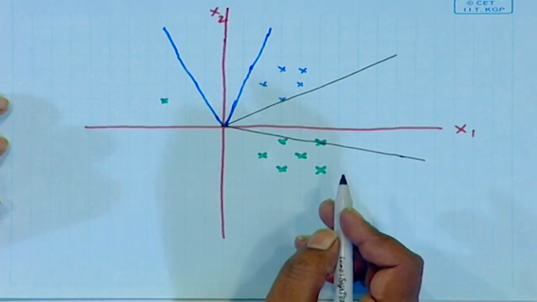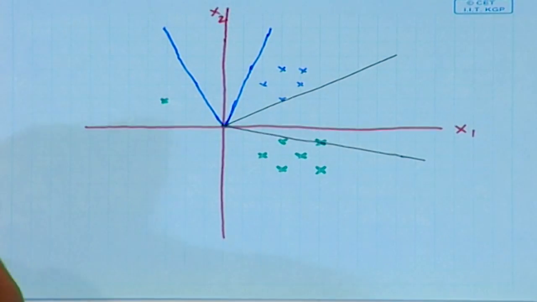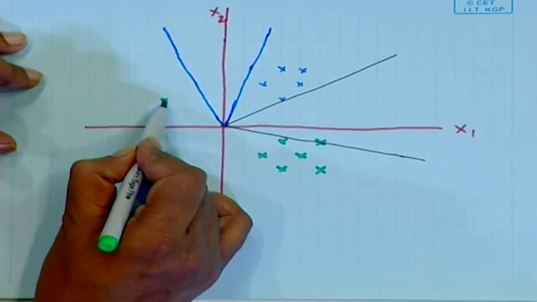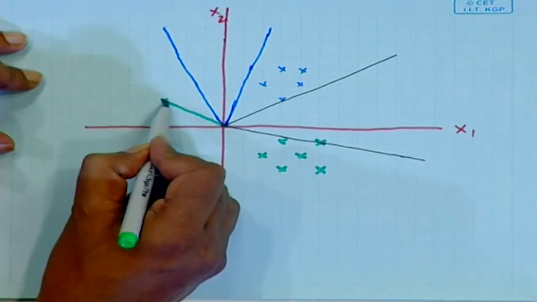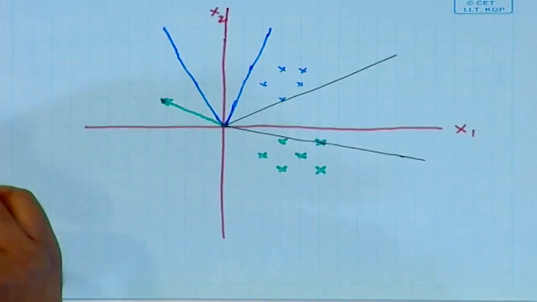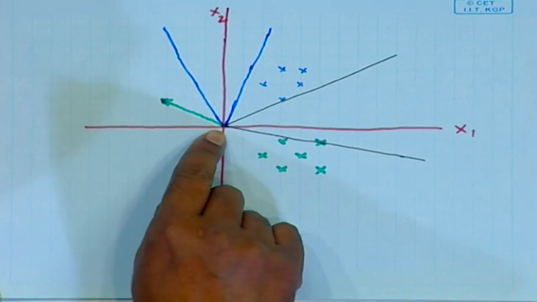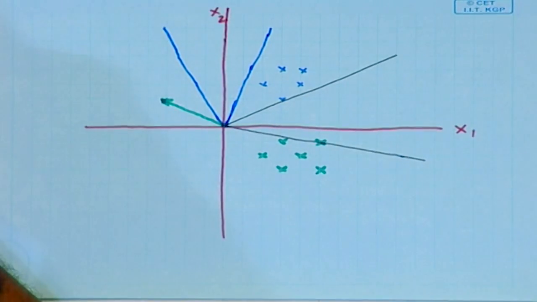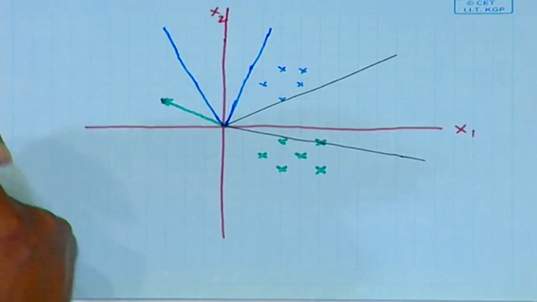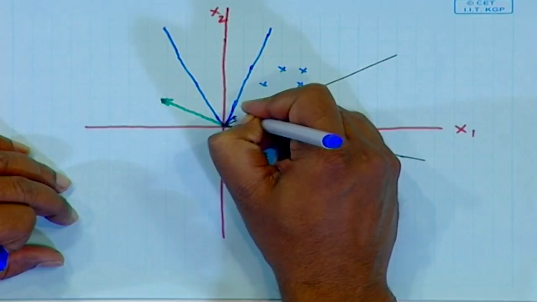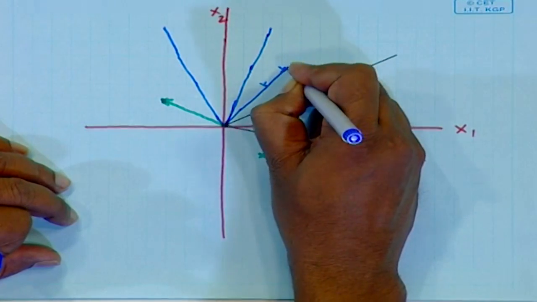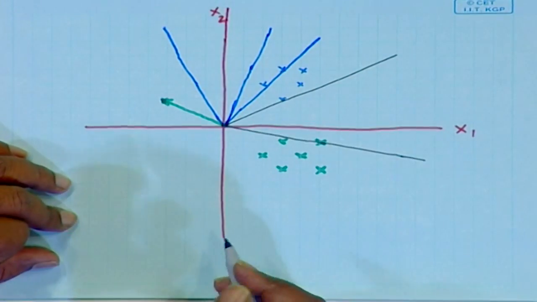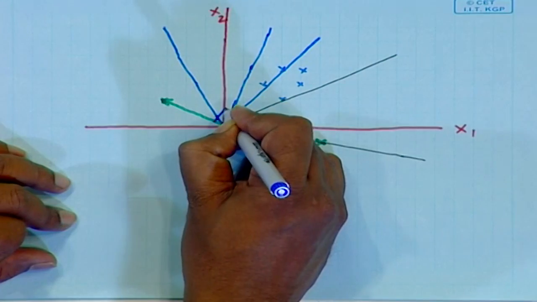So, this is my A0, the initial weight vector. The decision surface defined by this A0 is orthogonal to this.